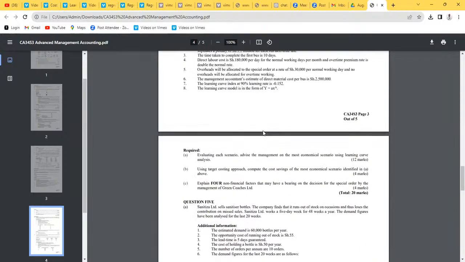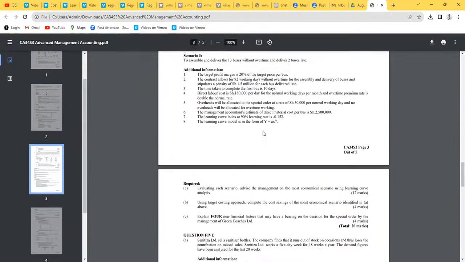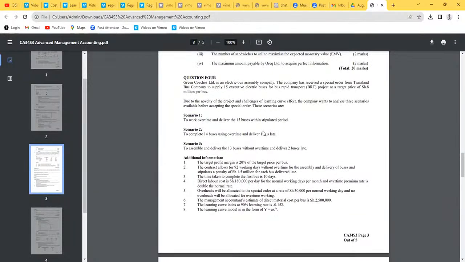So what we need to understand is very interesting there. So what do they want us to do? 1, to work overtime and deliver the 15 buses within the stipulated period. So let's deal with scenario number 1.